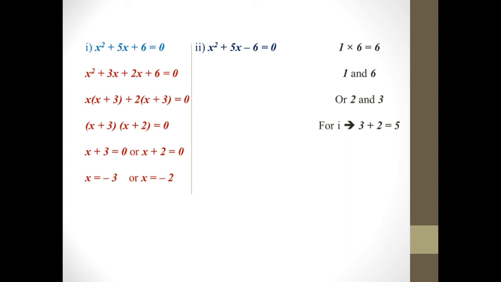Now coming to the other equation, the second question, we need the pair which, when subtracted, gives 5, not added. From these two pairs it is this one, 6 minus 1 equals 5, and the product is 6, as it was already the pair of its prime factors.